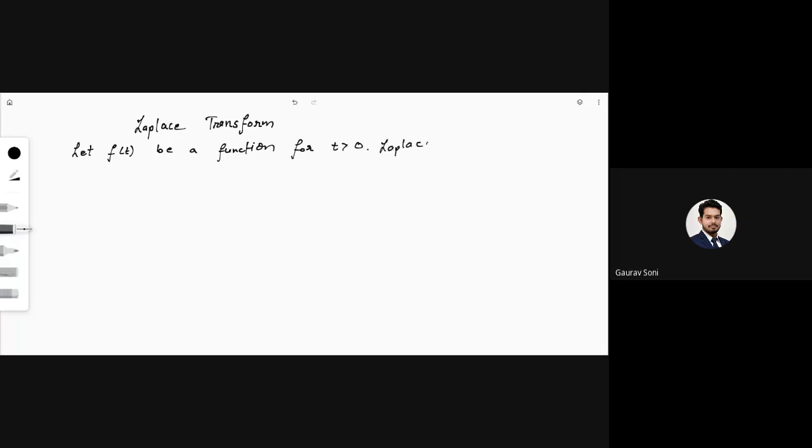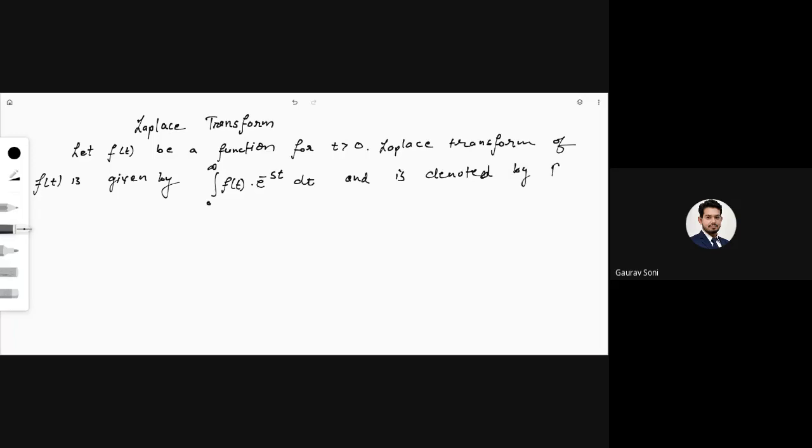The Laplace transform of f of t is given by integral 0 to infinity f of t e to the power minus st dt, and is denoted by capital F of s.